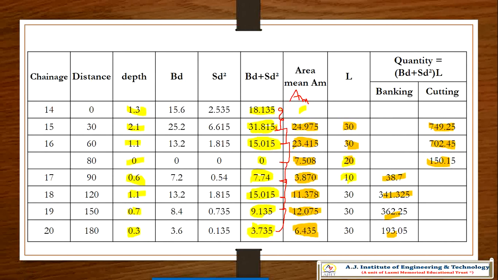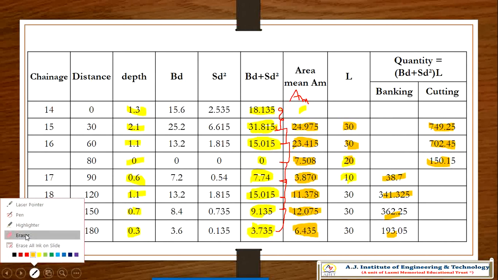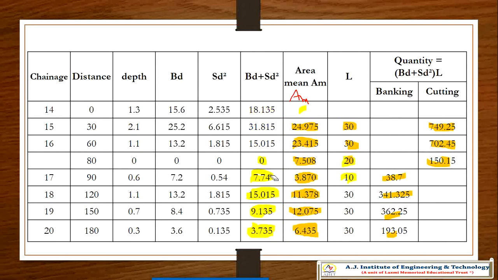I hope you understood. Once again I'll repeat: only the column will be changed. Chainage, distance and depth, BD plus ST square, will be this. This is the area of the particular chainage, and the mean area will be the overall mean of that.